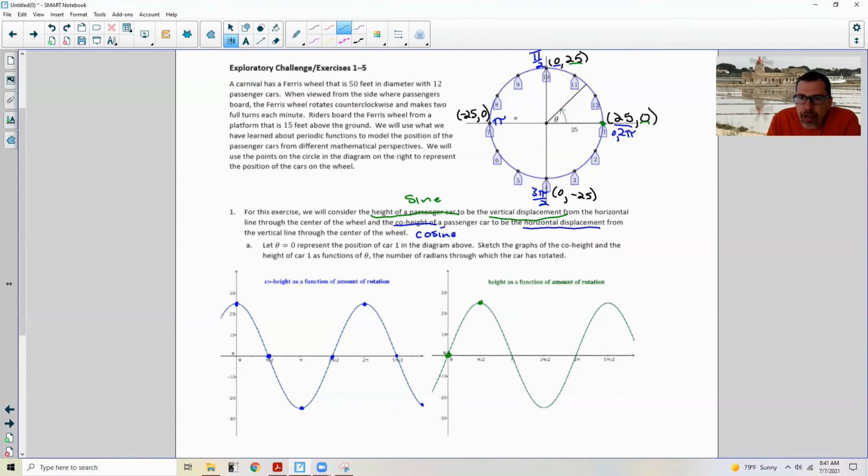At pi, my height is 0. And at 3 pi over 2, I'm at negative 25 with respect to where we started. And then at 2 pi, we're back to where we started. And 5 pi over 2 is the same as pi over 2. We're back up at 25 feet. So there are the graphs of the height and the co-height of this Ferris wheel rotating.